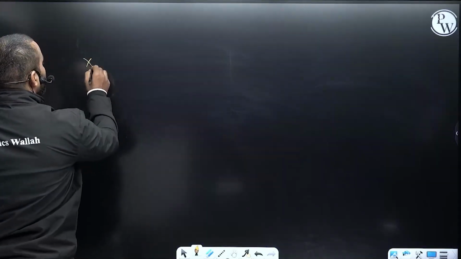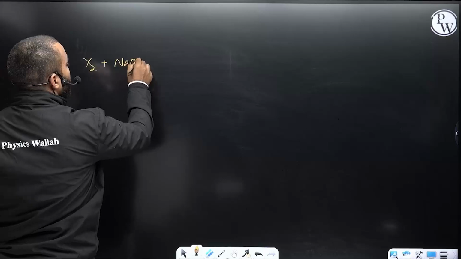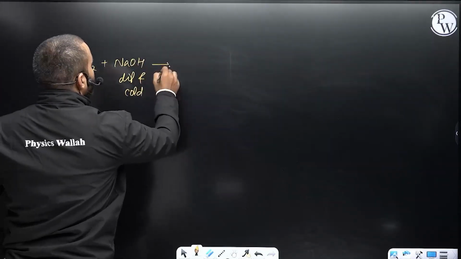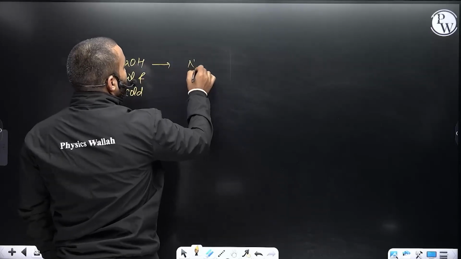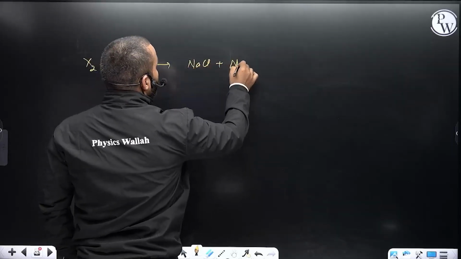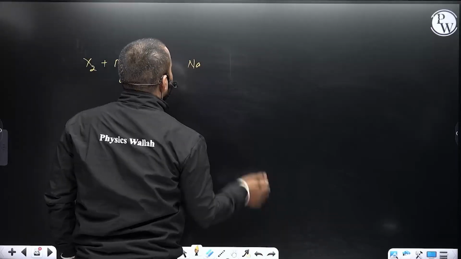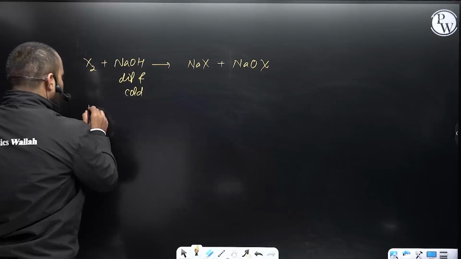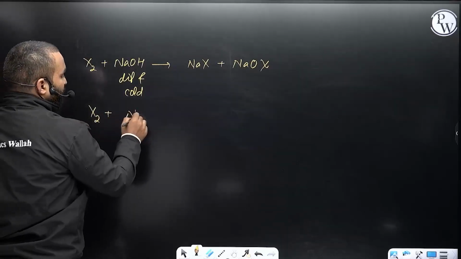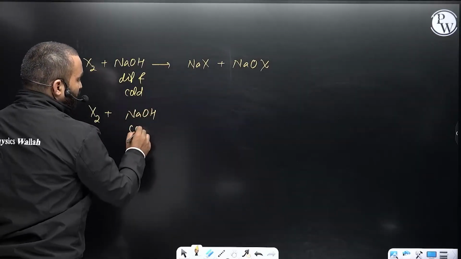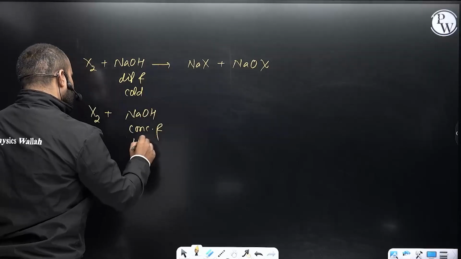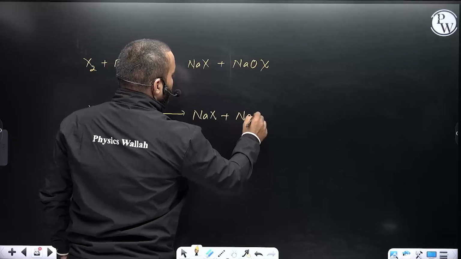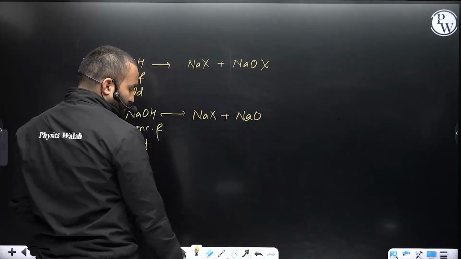If you react X2 with NaOH, if it is dilute and cold, then the compounds obtained are NaX plus NaOX. Suppose X2 reacts with NaOH, and it is concentrated and hot. Then the compounds obtained will be NaX plus NaXO3.